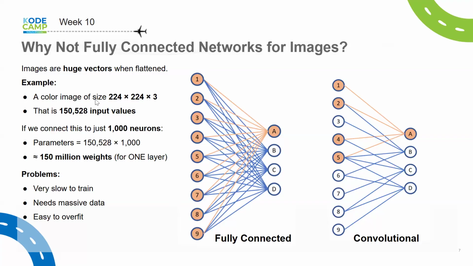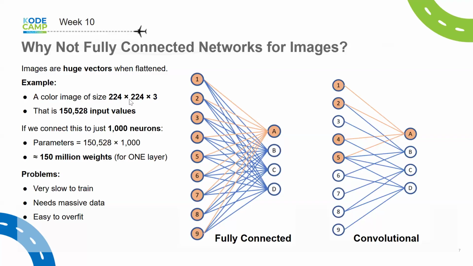So if you have a color image that is 224 pixels wide by 224 pixels high, we typically do width before height when we are looking at dimensions of images, then because it is a color image, it is going to have three components: the red component, the green, and the blue.